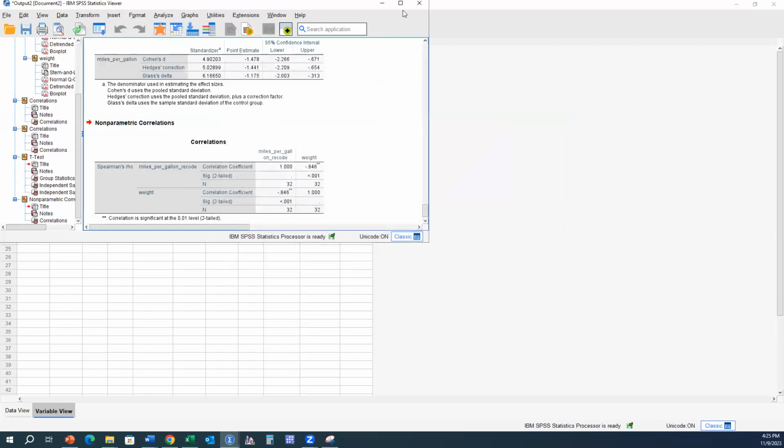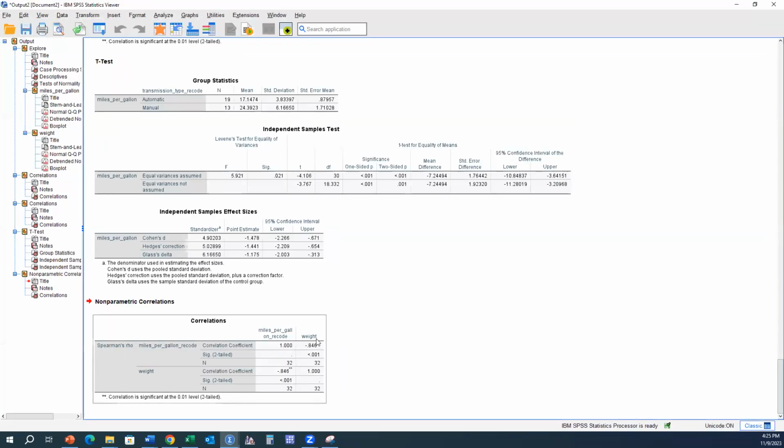Okay, then we'll click OK. And we do see still a significant relationship. Okay, so a significant association, that is the first bullet point. The second bullet point or the second statistic to interpret is the directionality. We have an inverse association. And then because this value is above a 0.5, it's a large or strong association.